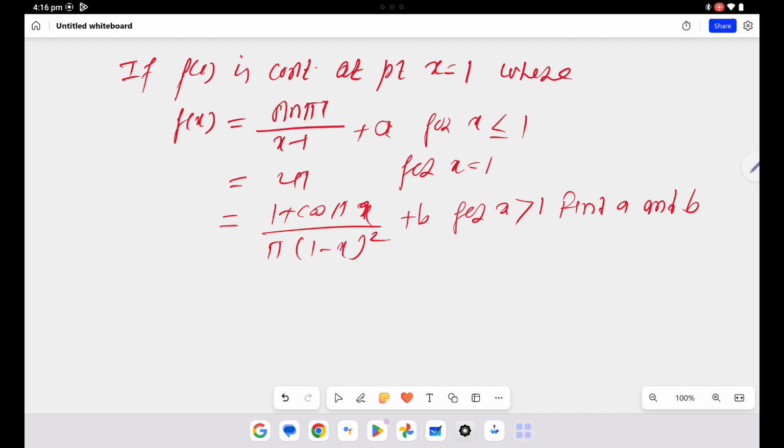So here, first we write the definition of continuity at the point x equals 1.